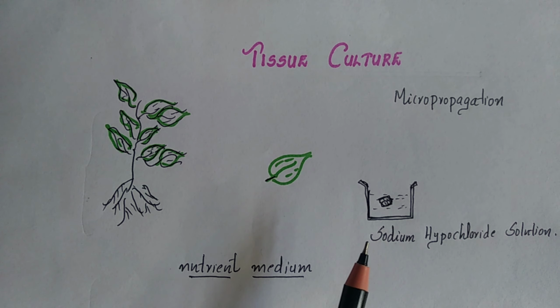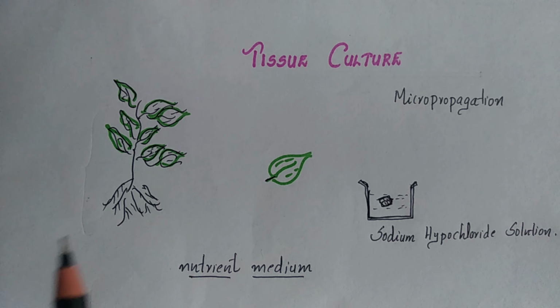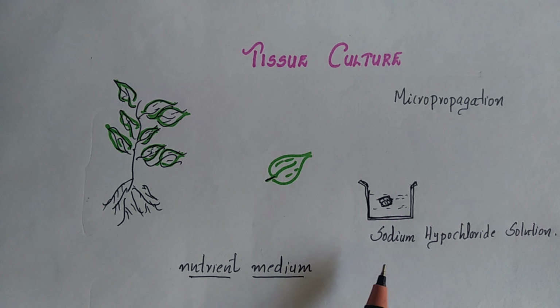The purpose of keeping this bit in sodium hypochlorite solution is to kill the germs. Because the plant is exposed to air, there may be chances for the presence of some germs on the leaves or in the branches of the plant. So to remove these germs, we have to keep it in sodium hypochlorite solution.